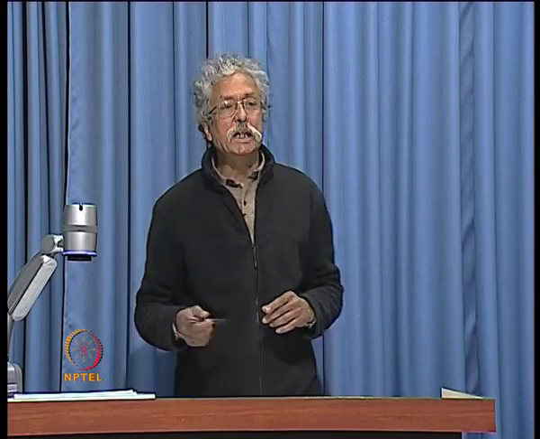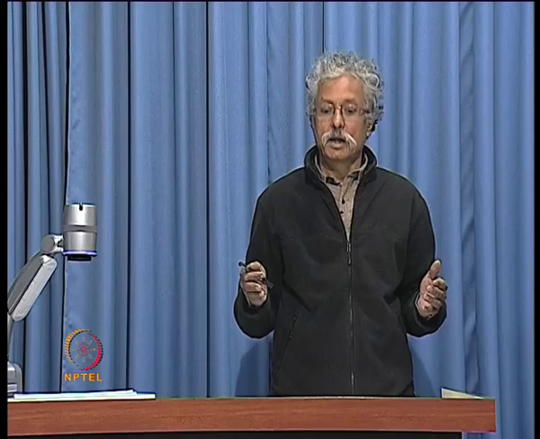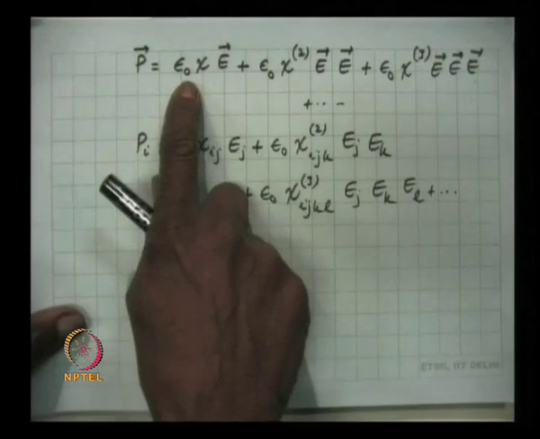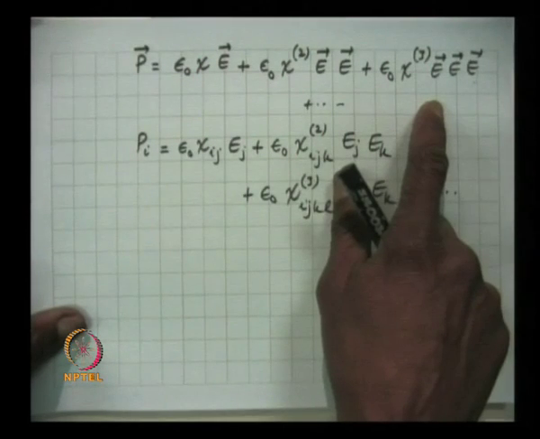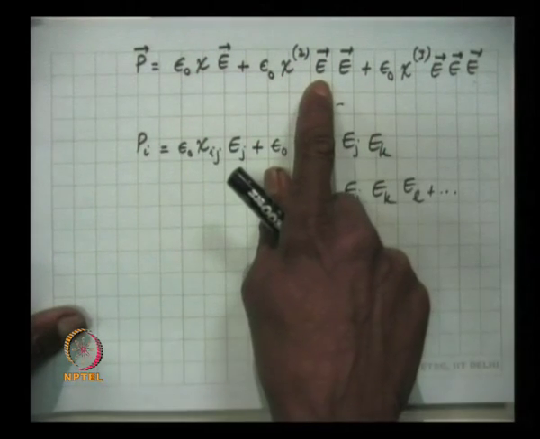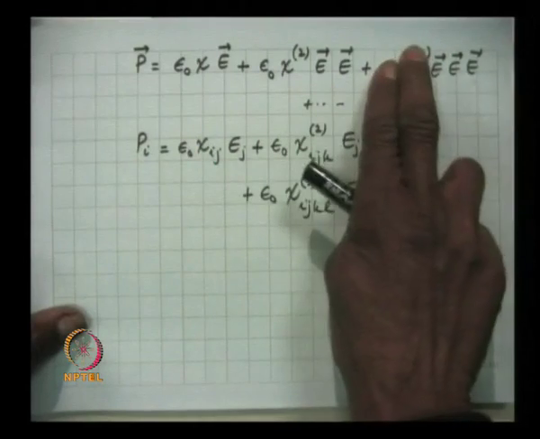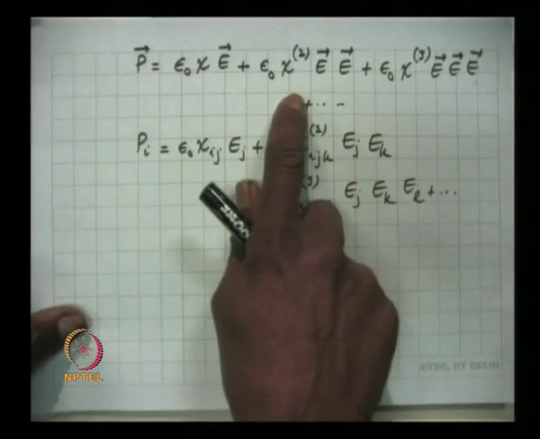So, the problem essentially boils down to solving Maxwell's equations with the condition that the polarization now is not just the first term here, it also contains higher order terms. And right now we are looking at only this term. We will forget about all higher order terms, we will look at the contribution due to the second order nonlinearity in the Maxwell's equations.